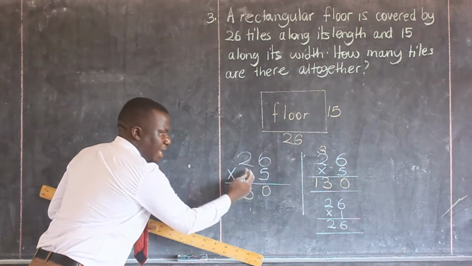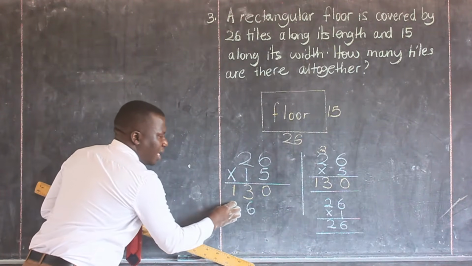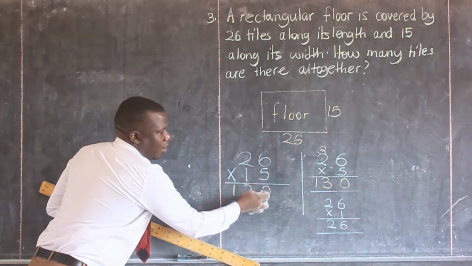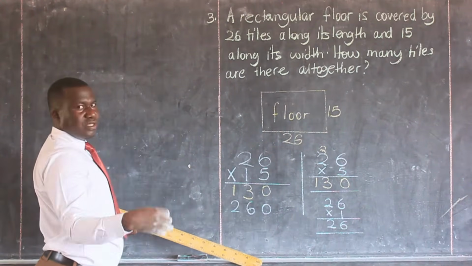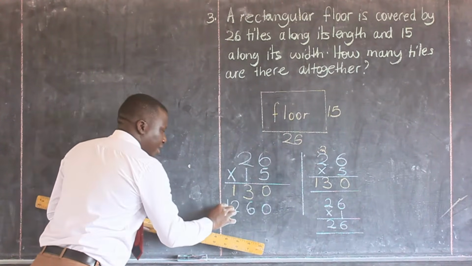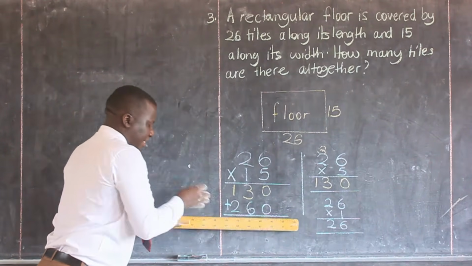So we shall begin from the tens place value. So we shall write 6 and 2. So you see now the ones place value has nothing. You can fill it by adding there 0, or you can just leave it. Okay? Then now you add and get the final answer.